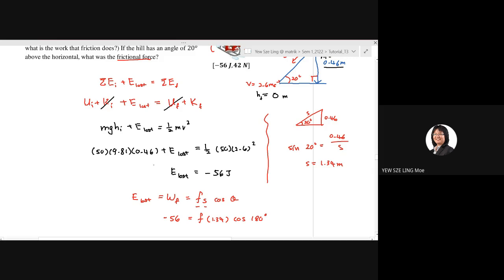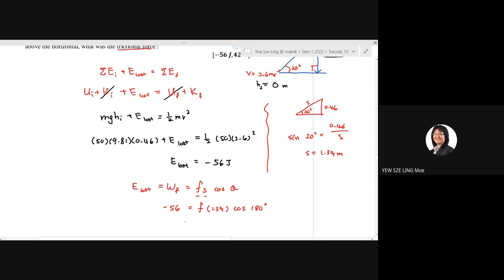So now that I have everything here, rearrange the equation, I will get F equals 42.26 Newton.